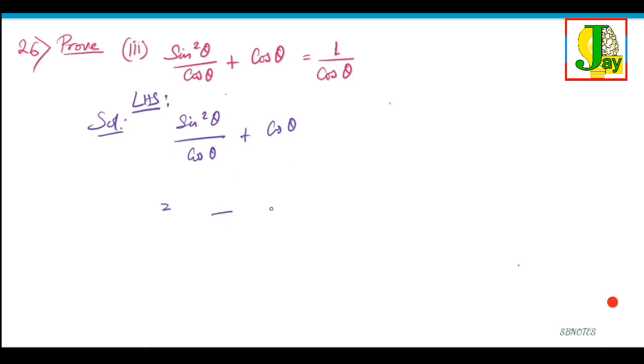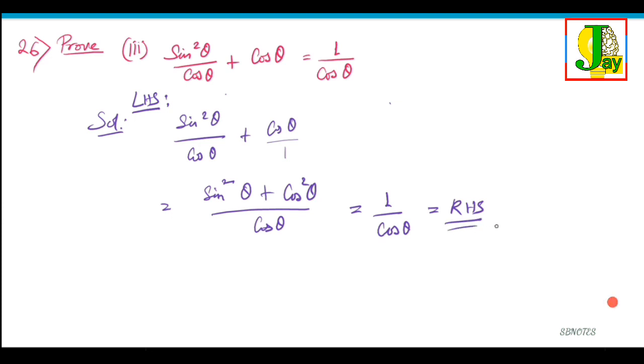If we take LCM cos theta, what we get is sin square theta plus cos theta into cos theta, which is cos square theta. We know sin square theta plus cos square theta is 1. So 1 by cos theta equals the right hand side. So proved.